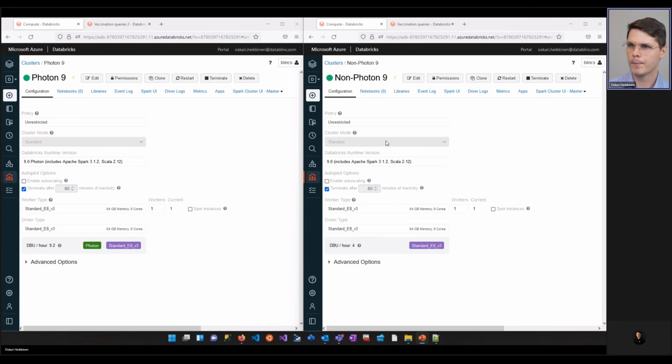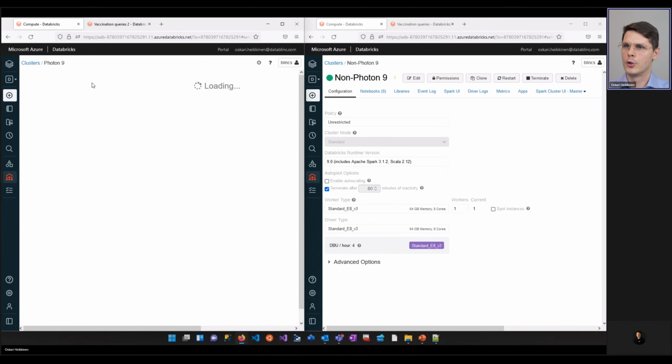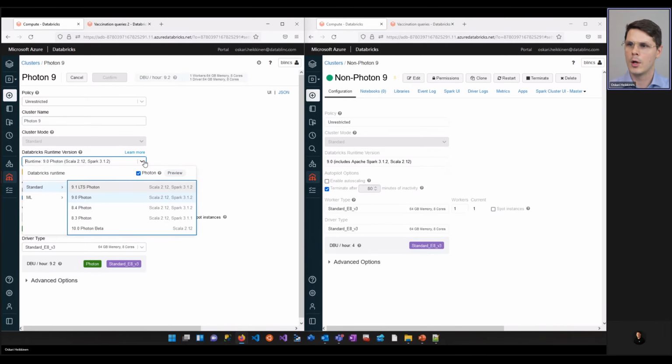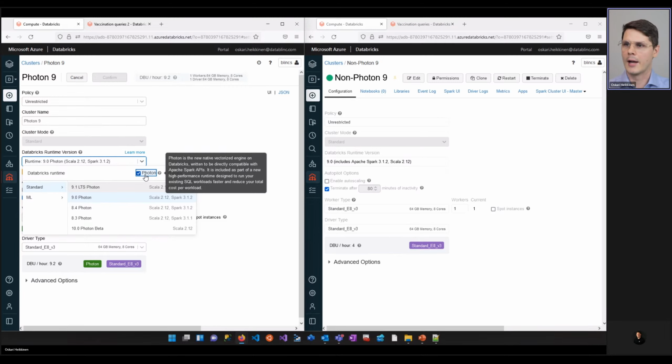So first of all, to kickstart things, I've already created 2 clusters, the other one running using Photon as an execution engine. So the way you do it is actually under the Databricks runtime version, you just add the tick here.